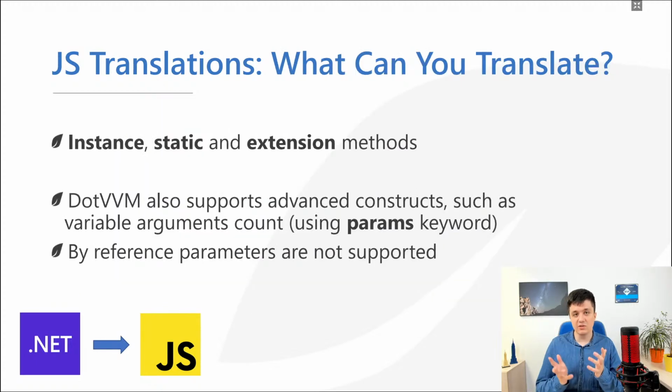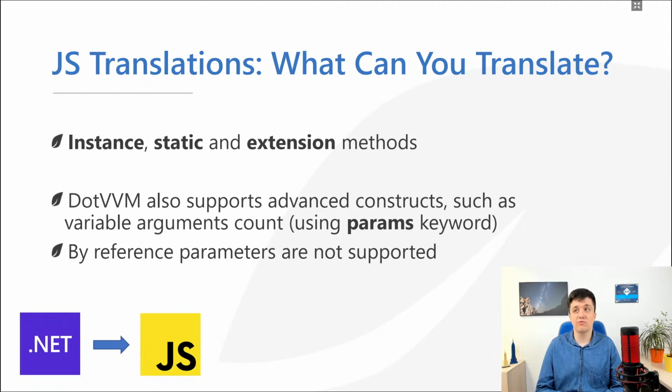And if you are asking yourselves what can I provide JavaScript translations for, the answer is pretty straightforward. Almost anything. We support instance methods, we support static methods, and we support extension methods. DotVVM even supports some advanced constructs, such as variable argument length, using the params keyword that you may know from C#.